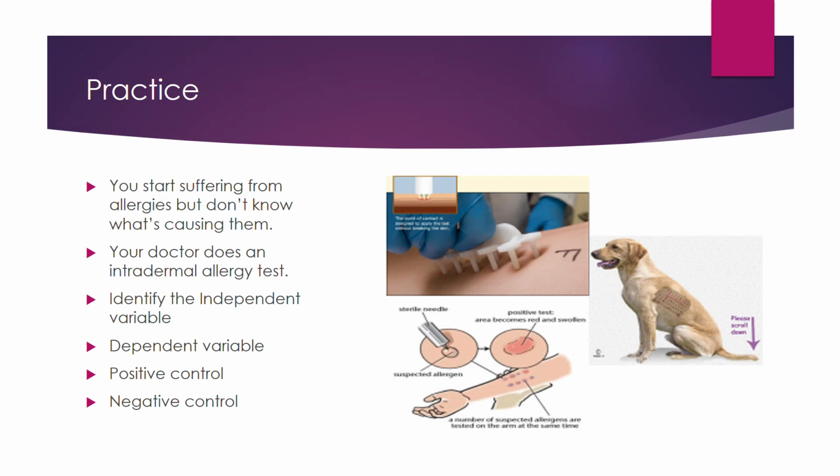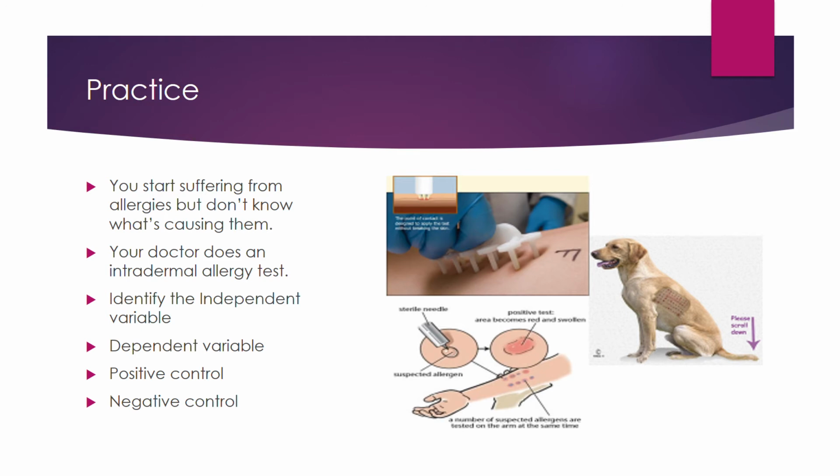So if we think about it, these two control groups are really important in this experiment, because if I poke you with 25 different allergens and nothing gets red and itchy, it could mean that you're not allergic to anything. But it also could mean that maybe the nurse or doctor administered the test wrong.